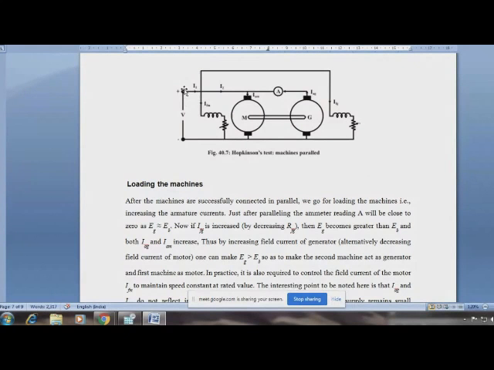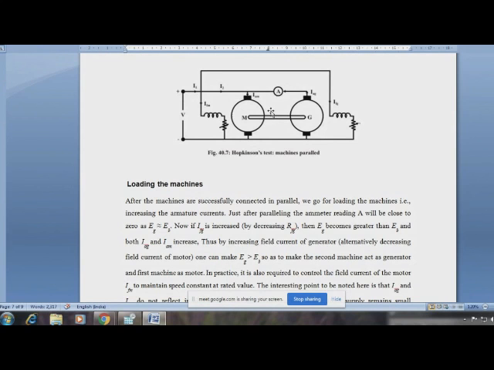So the current I1 coming from the mains will not contain any component of this armature current. Therefore, this current I1 will be quite small because it has to just account for the losses in the two machines, without considering the output from the machine, because outputs are in tandem.